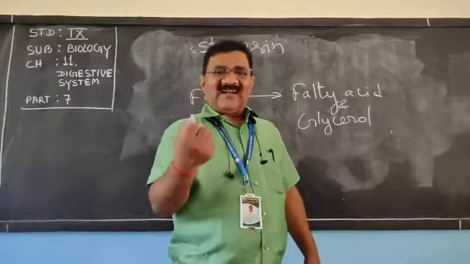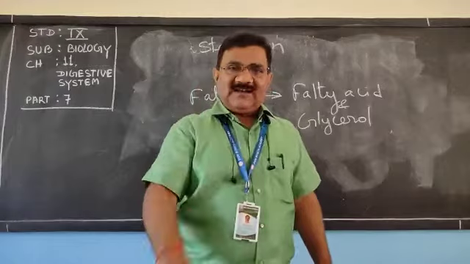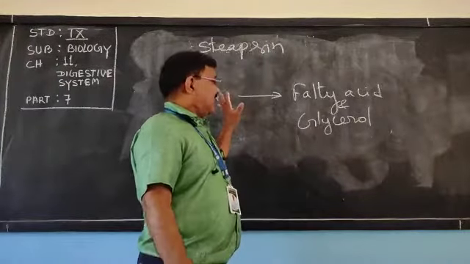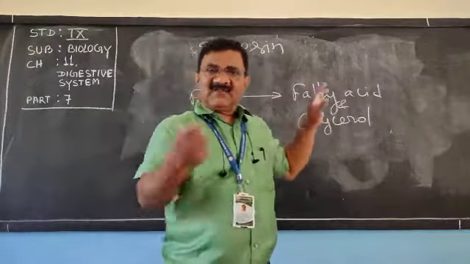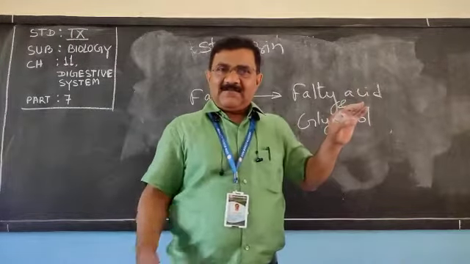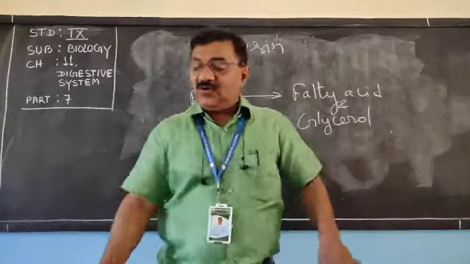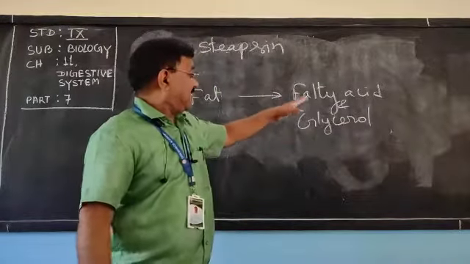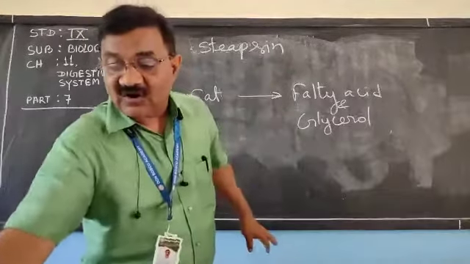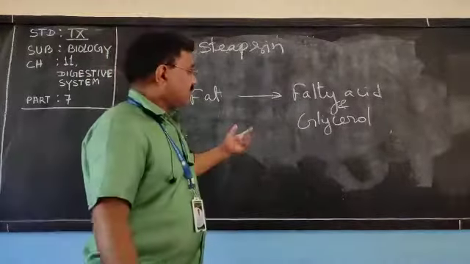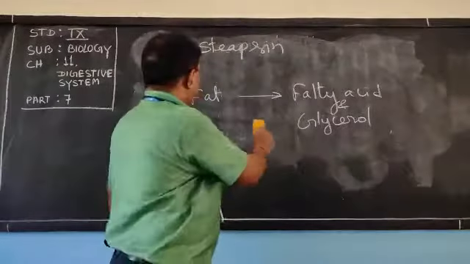Large molecules of fats are broken into small molecules, globules. And those small fats, by the emulsification, are now converted into fatty acid and glycerol. Very clear or not?